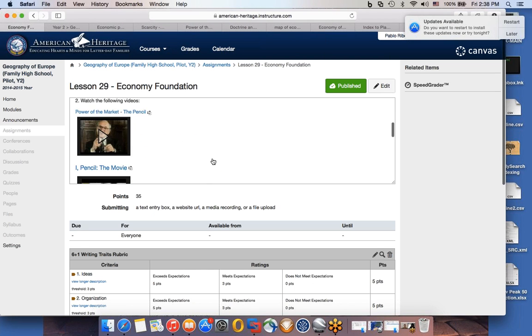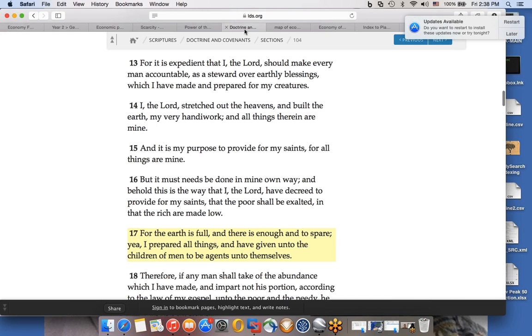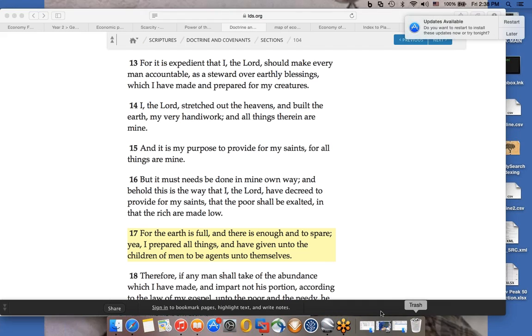Let me see. Yeah, I have it wrong. It's 104, so I need to correct that. So it's section 104, verses 13 to 17. Could someone read that? You have someone with a microphone that would like to read it, so I don't have to talk all the time.